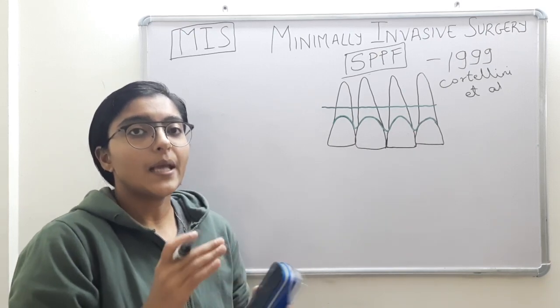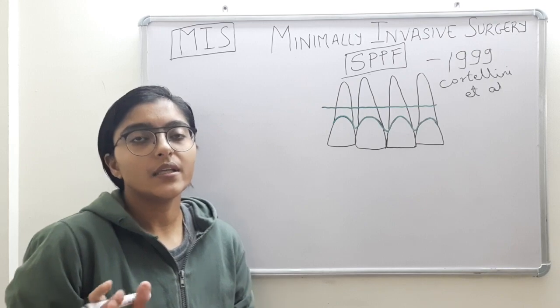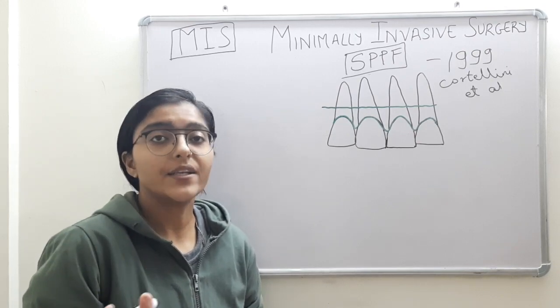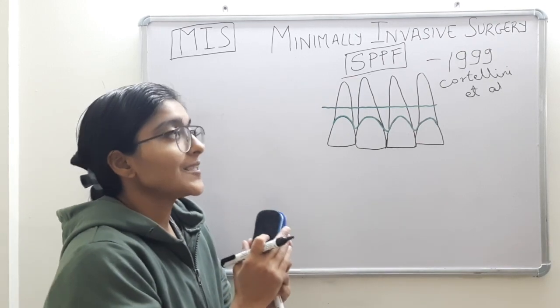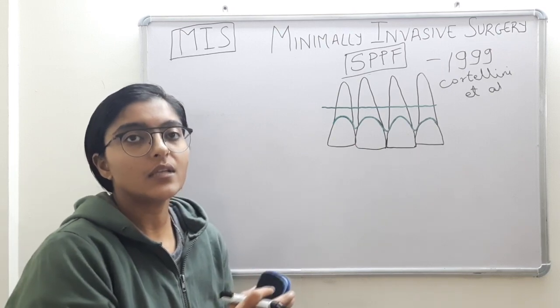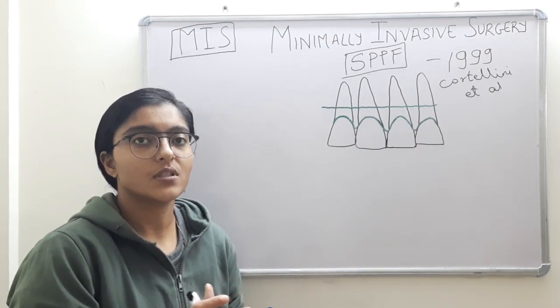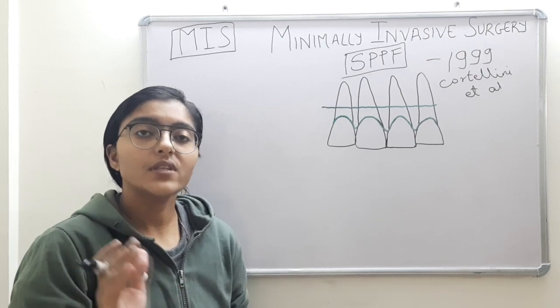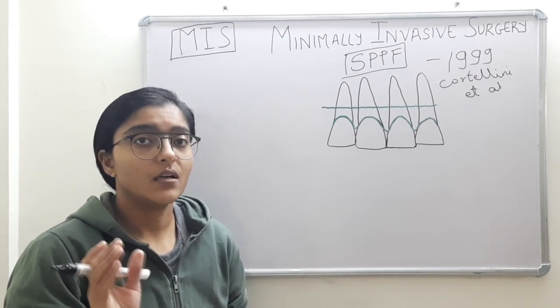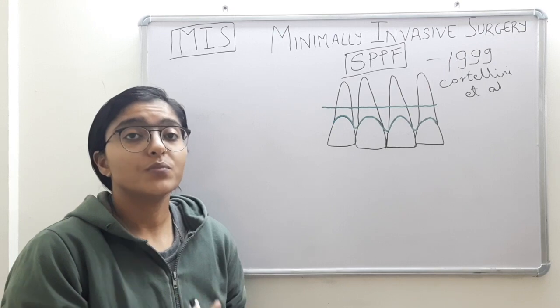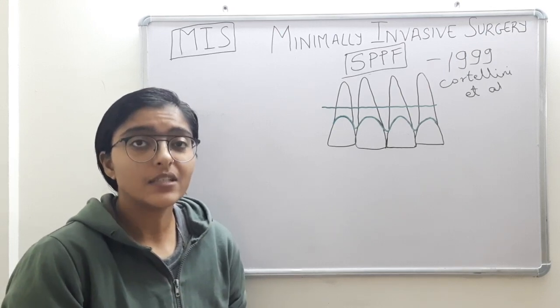This doesn't mean MPPT is used only in anteriors and wide interproximal regions, and SPPF is used only in narrow interdental regions and posteriors. I'll give you an example. When we study oral pathology, we have one chapter called tumors of the jaw or the cystic lesions of the jaw.